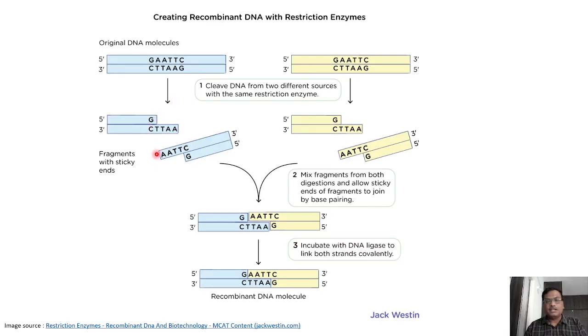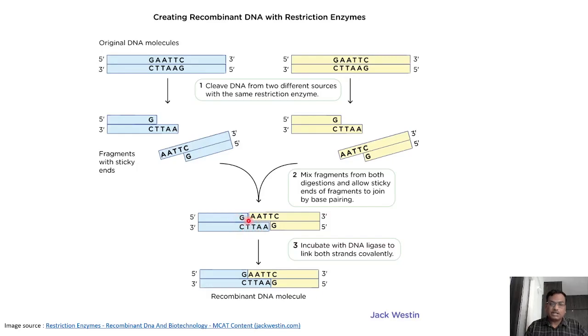And because of these sticky ends, now I can fuse this segment with this one, and this segment with this one. Like that, right? And here you can see this segment is going to be fused with this particular part. Because the pairing is complementary, here it is AATTC and here it is AATT, so AT. So there will be a pairing, and the hydrogen bond formation will help in the pairing.